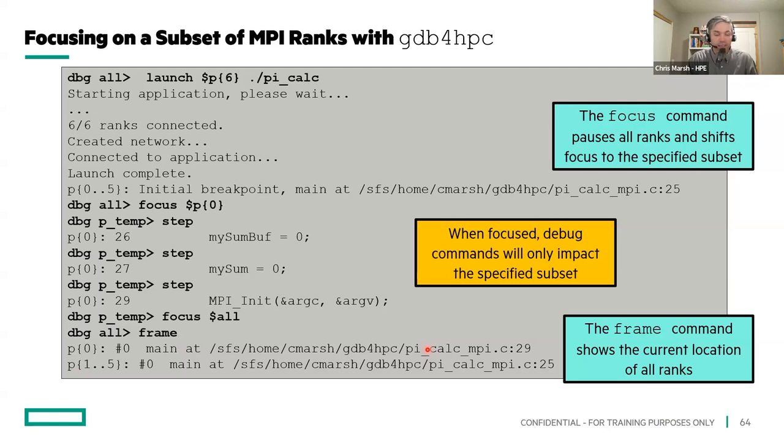It's useful. But at the same time, it allows you to run your program in a way that your program wasn't intended to run, right? In theory, all your ranks are running in parallel, right? That's the whole point. So I have definitely had parallel applications that I have tried to debug with Gdb4hpc.